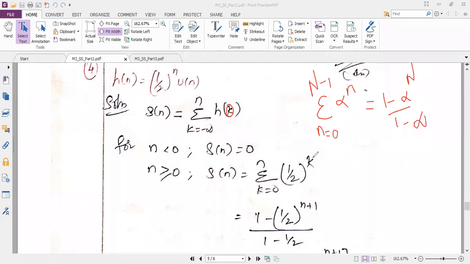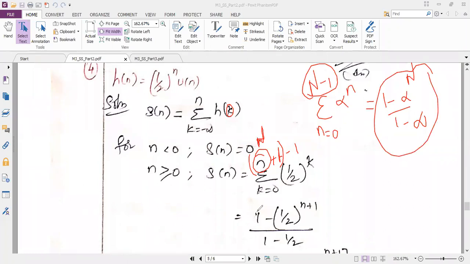Now I do not have the highermost limit like this as per the formula. So what I can do is write plus 1 and minus 1. If I write plus 1 and minus 1, this complete n plus 1 is nothing but capital N now. So writing the answer in terms of the formula, it is 1 minus 1 by 2 power n plus 1, the whole divided by 1 minus 1 by 2.